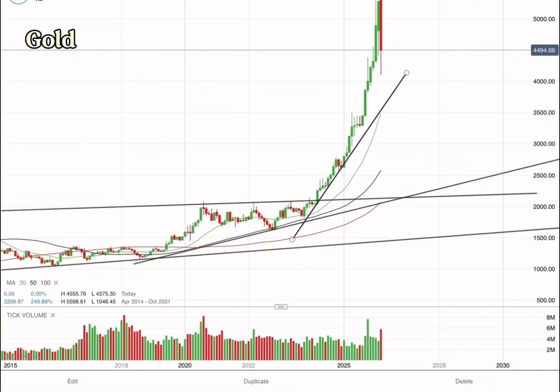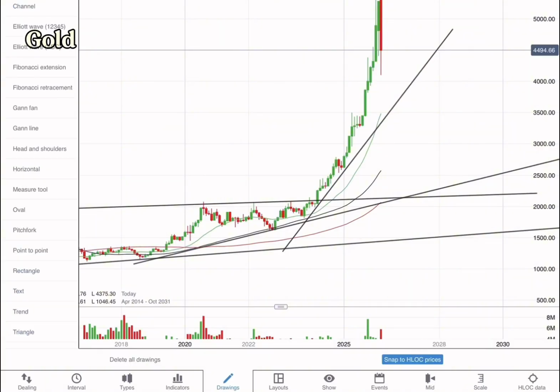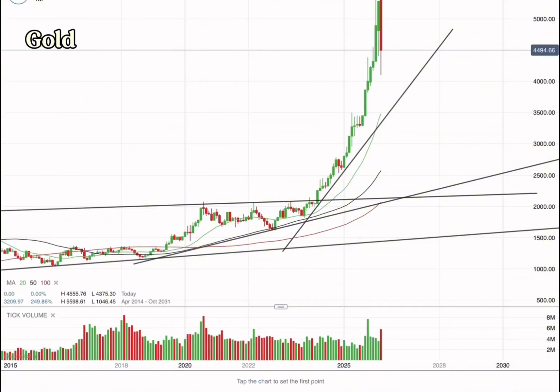So I like to put another line at the bottom of the channel, on the base of the channel, just to see if we can find another area of support, resistance.